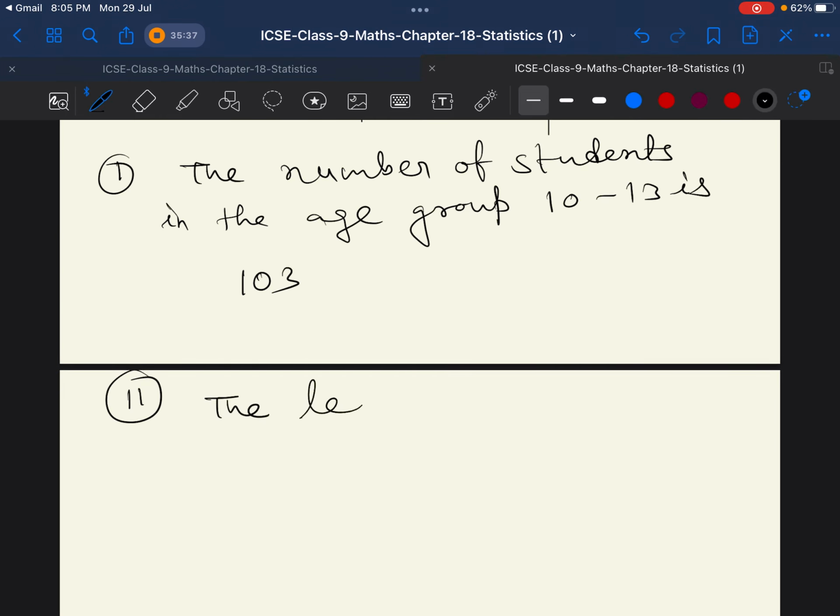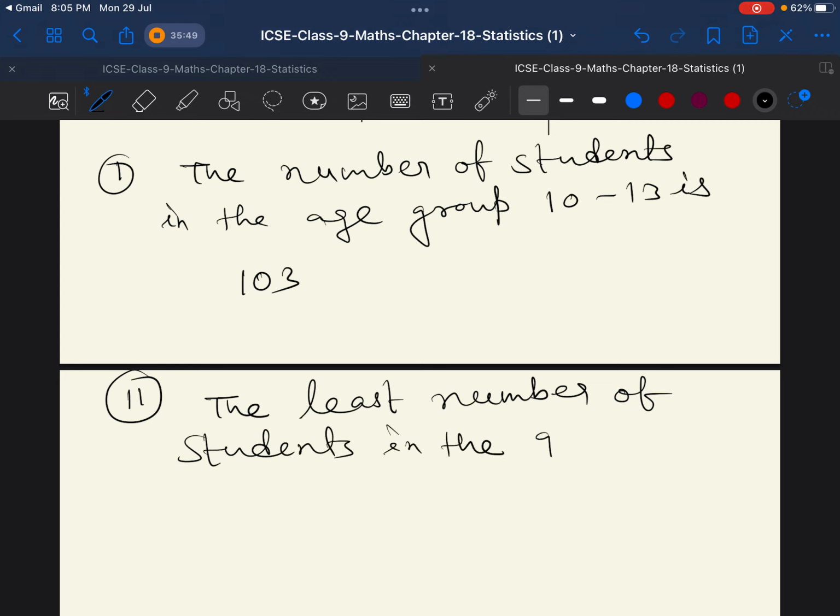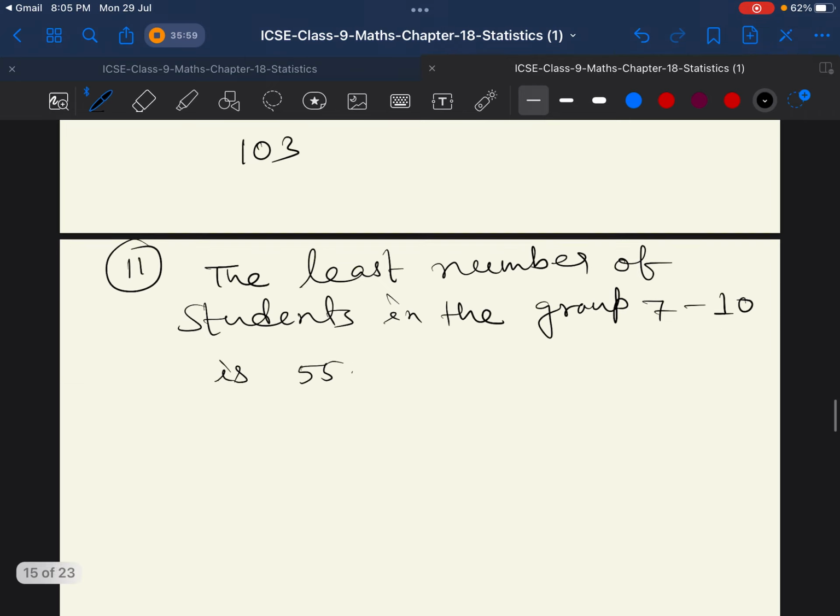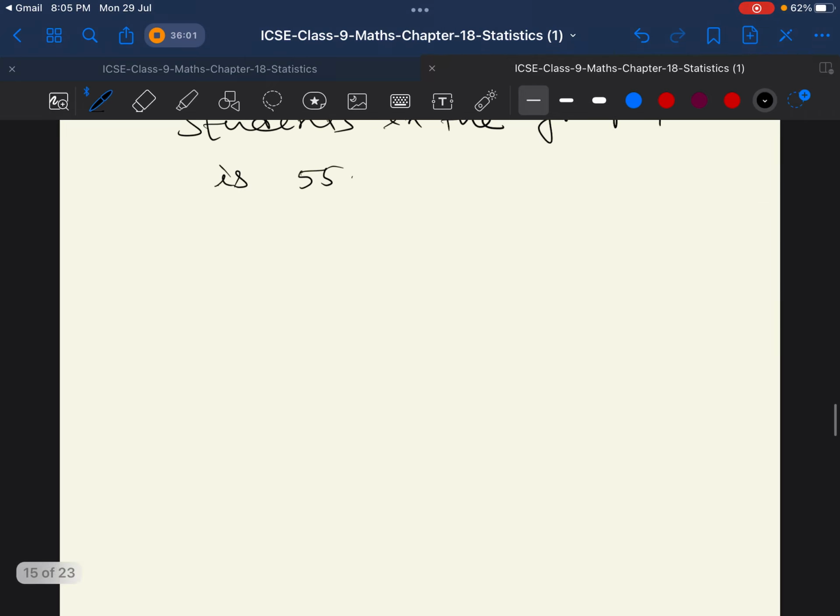So the least number of students in the group 7 to 10 is 55.